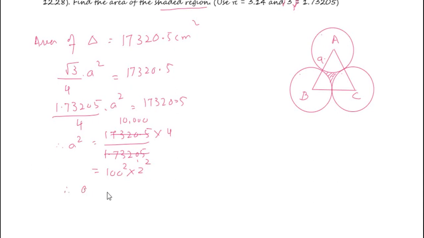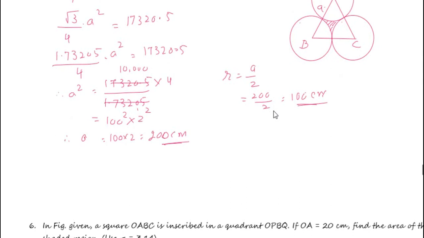Therefore A equals the square root of this, 100 into 2, equal to 200 centimeters. Radius of this circle R equals A by 2, 200 divided by 2 is 100 centimeters. That is the radius. Now let us find the area of the shaded region.